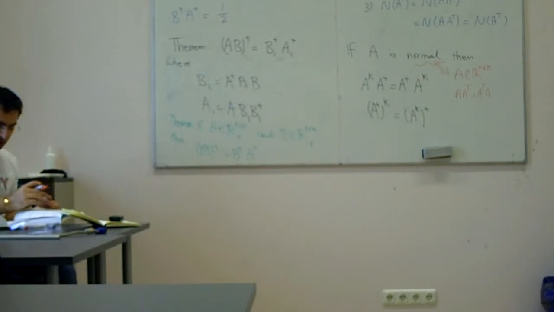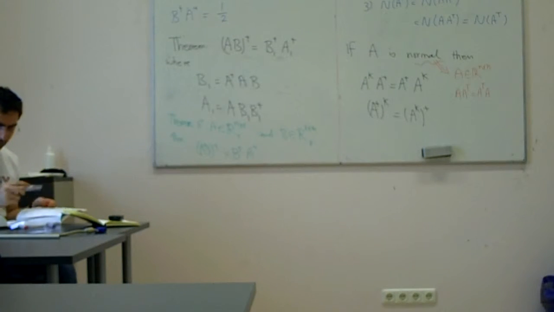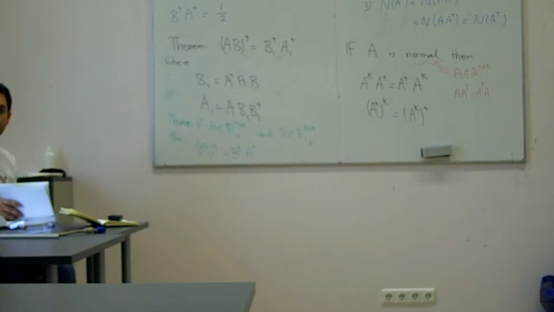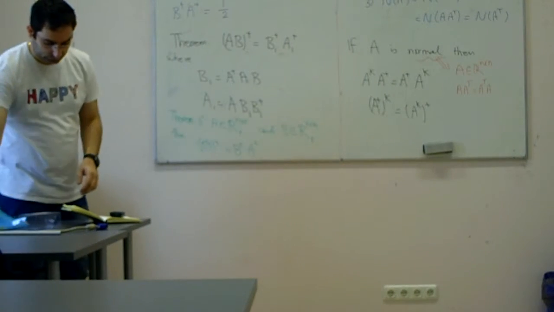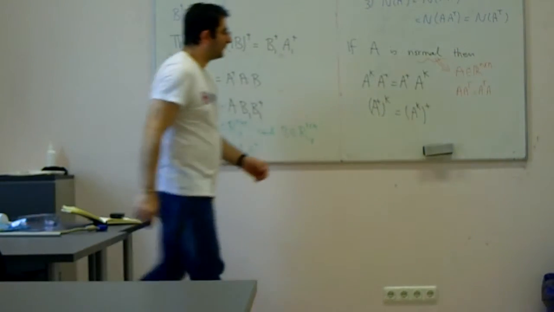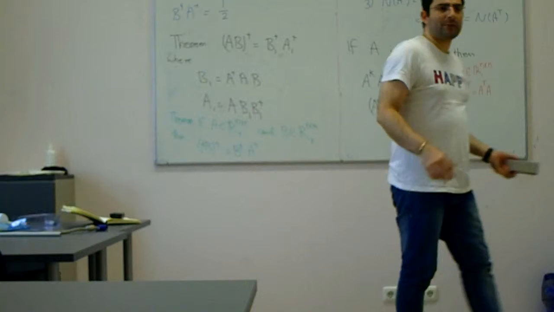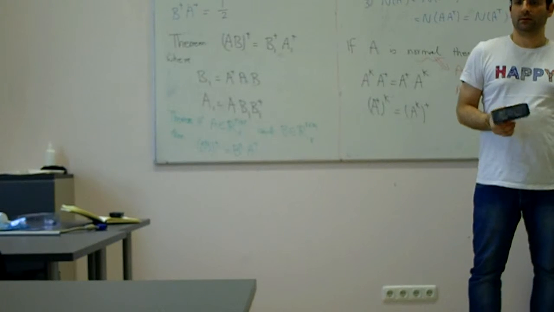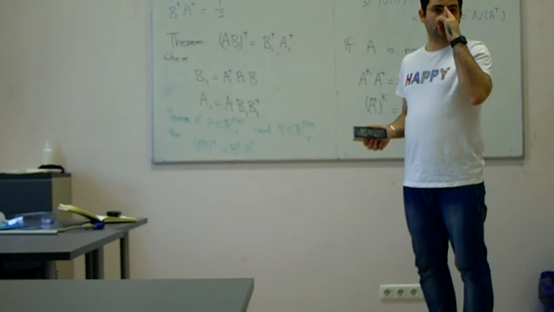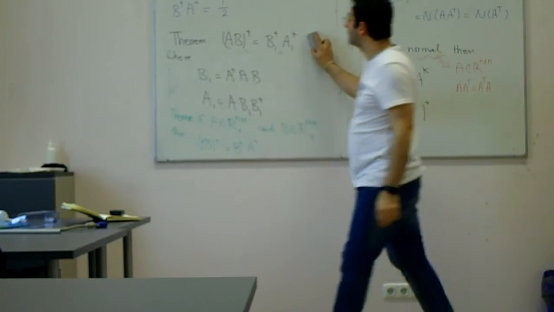So another 3 questions: 2, 5, and 6. So this is our fourth homework, right? How many of the homeworks have reached the deadline? 2 of them, right? Almost. Just one.